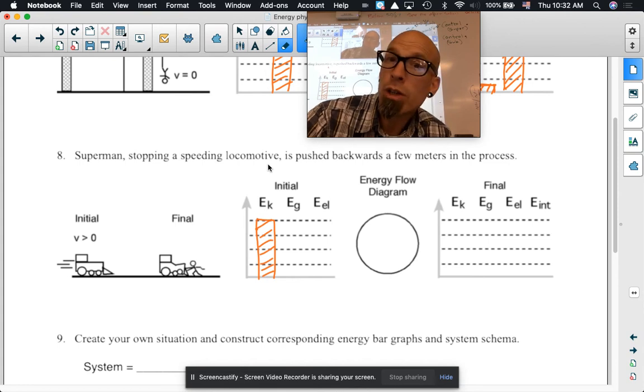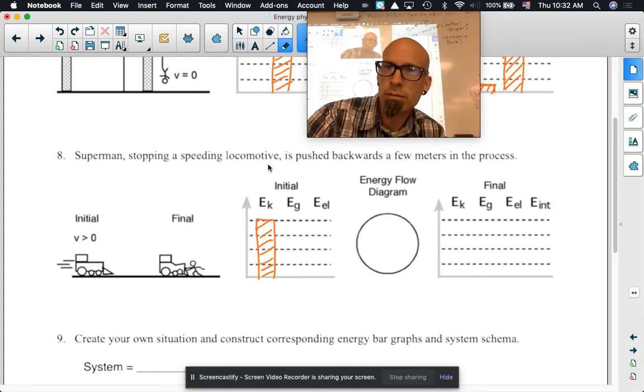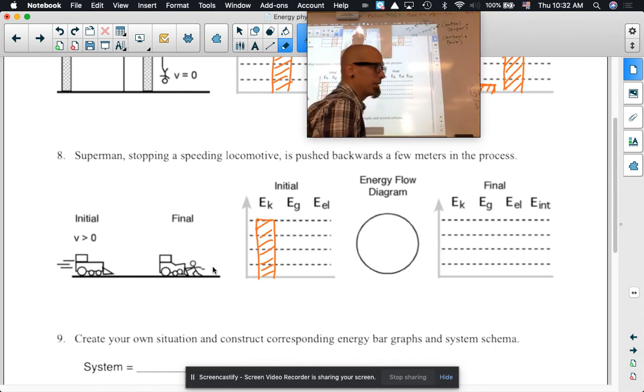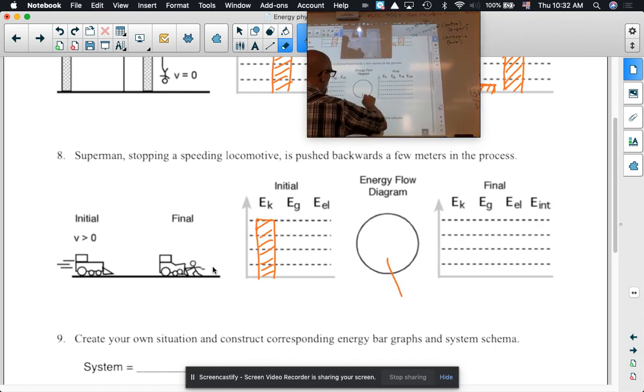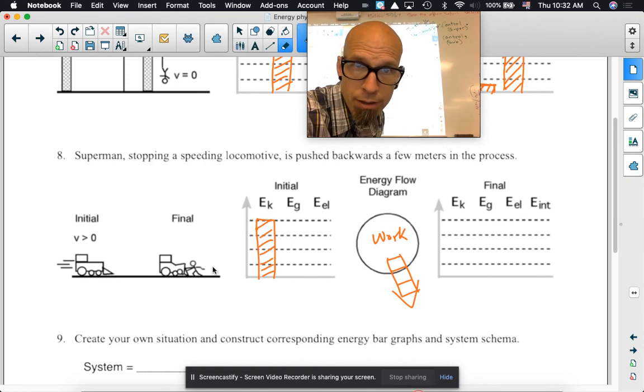So was Superman exerting a force on the train? Did he take energy away from the train? Sounds like that is probably what happened. So was work done to remove or take away energy from the train? I would say yes. How much? I don't know. Maybe Superman did 3 blocks worth of work, taking energy away from the locomotive.